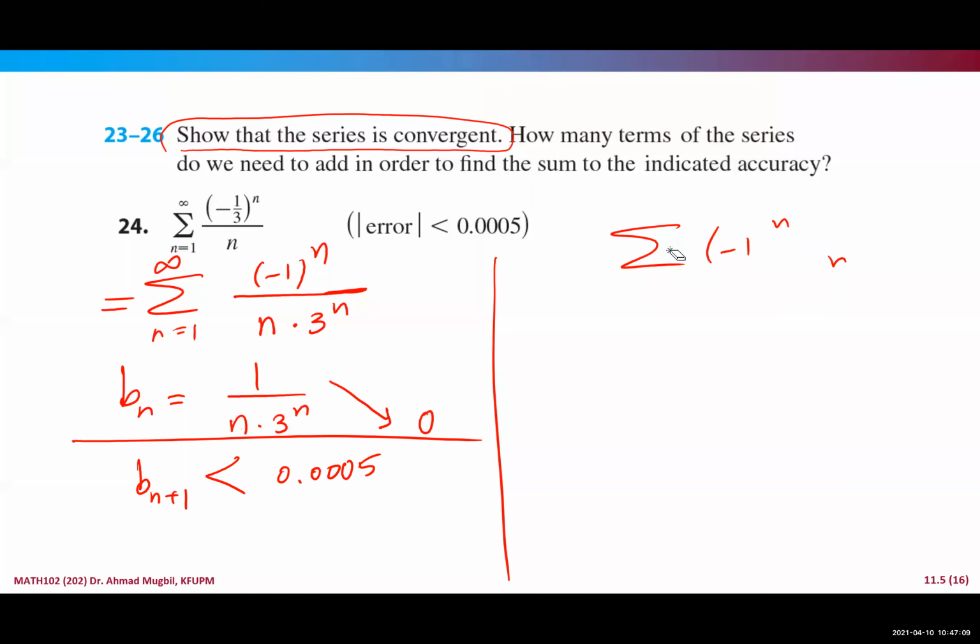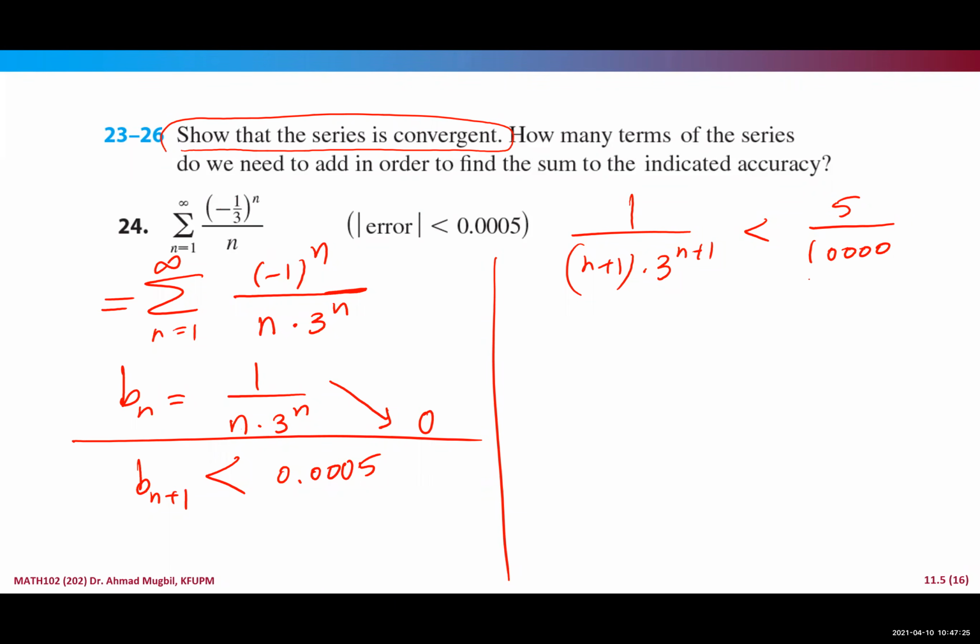It is 1 over (n plus 1) times 3 to the power n plus 1, less than 5 over 10,000. Now take the reciprocal: (n plus 1) times 3 to the power n plus 1 is greater than 10,000 over 5, which is 2,000. Is that right? Now you cannot solve this algebraically, so you can think about what n is.